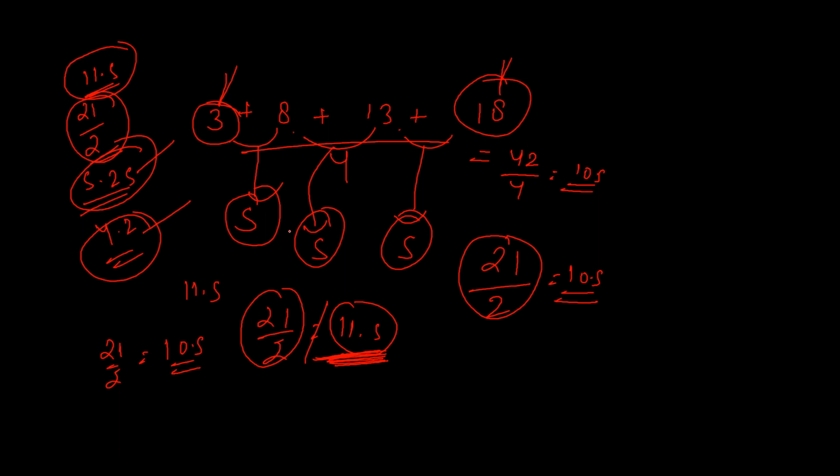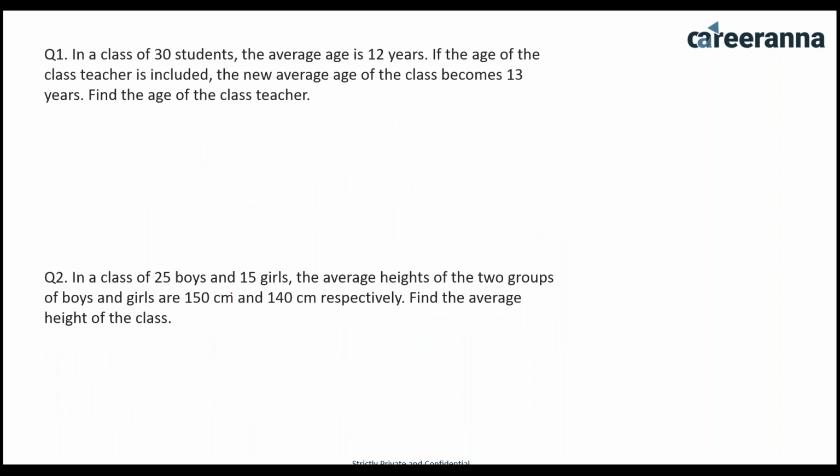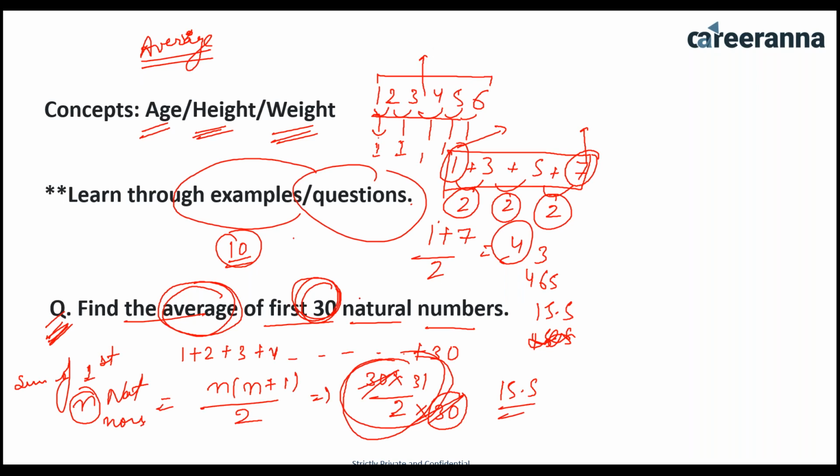Okay, it is clear to everyone. Now we have some questions. If there is a common difference of 5, you can use it. The numbers were 3, 8, 13, 18, so the common difference is 5 again and again.